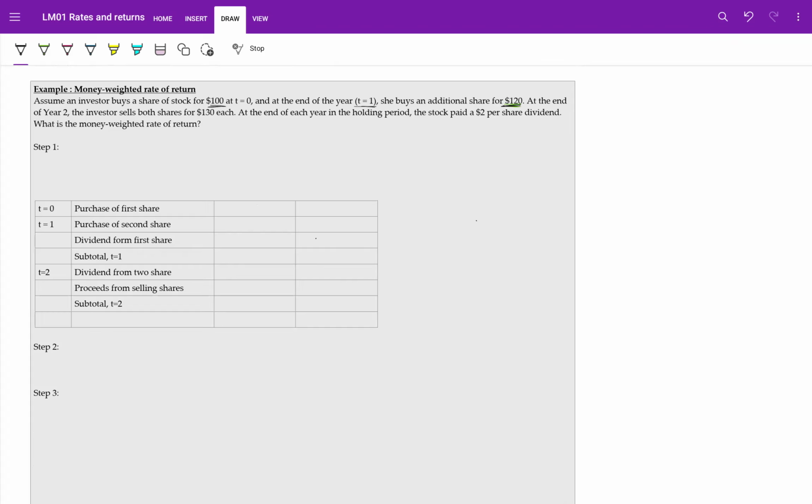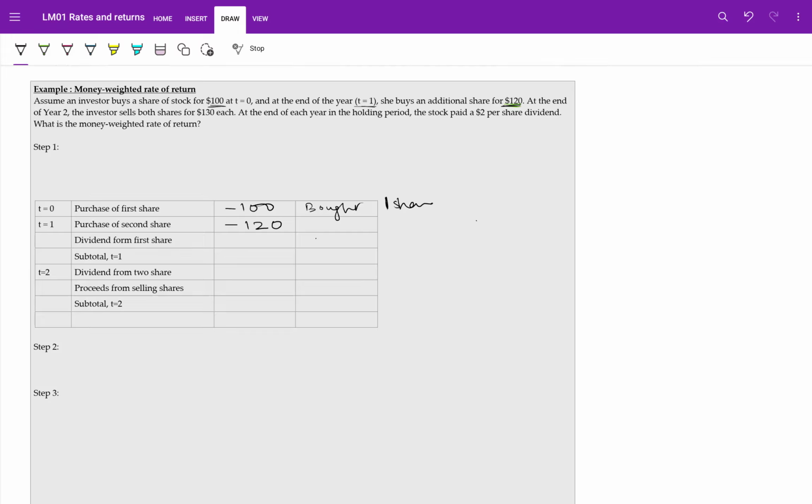This means there is a purchase, so there is a cash outflow of $100 at time zero, bought one share. At the end of time one, she has bought one more share.